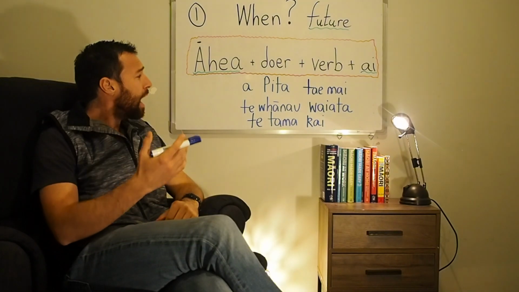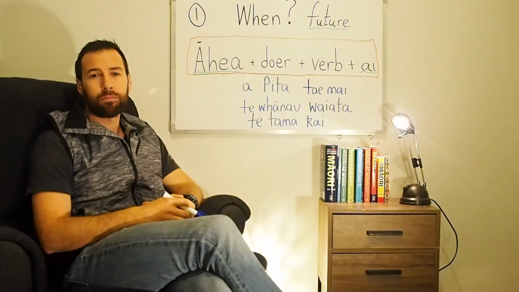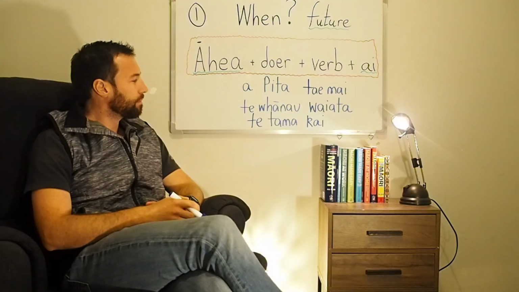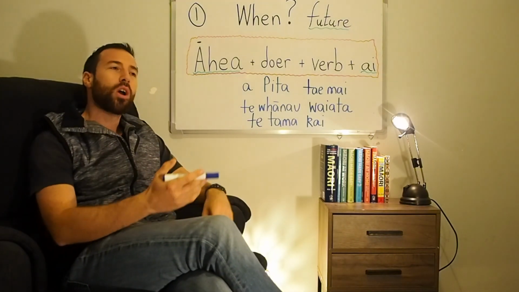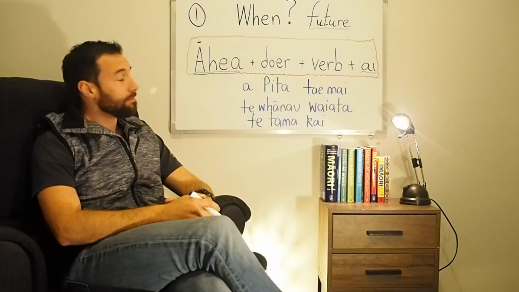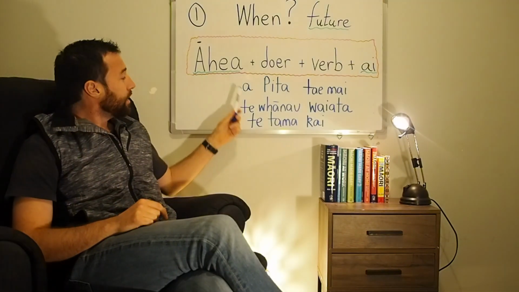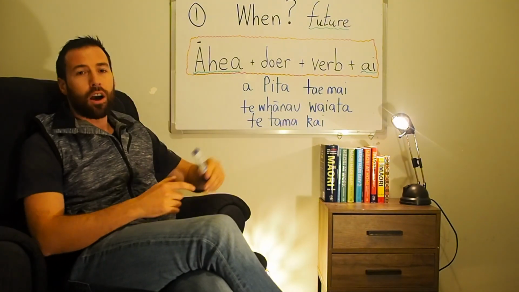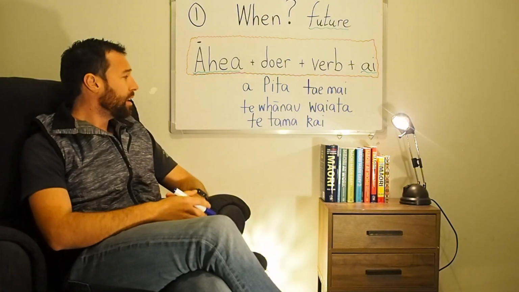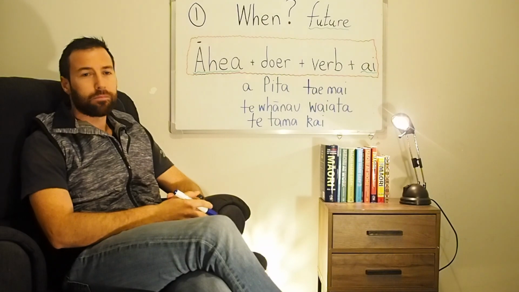So, are here te whānau, waiata I. When will the family sing? And in our final example on this board, I'm going to ask the question, when will the boy eat? Are here te tama kai ai. When will the boy eat? Are here te tama kai ai.